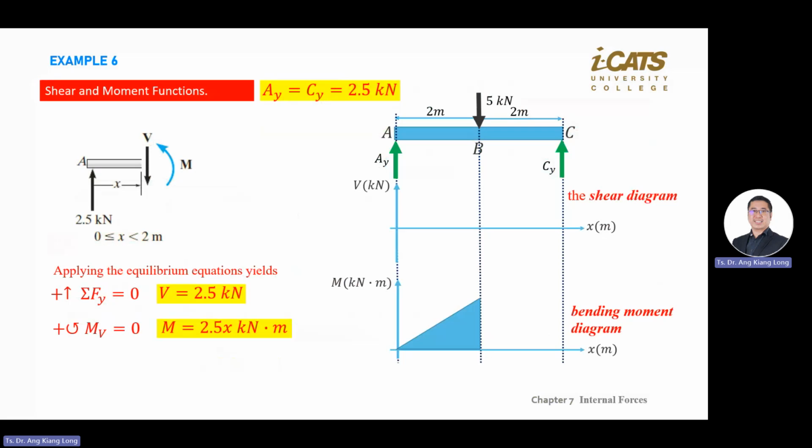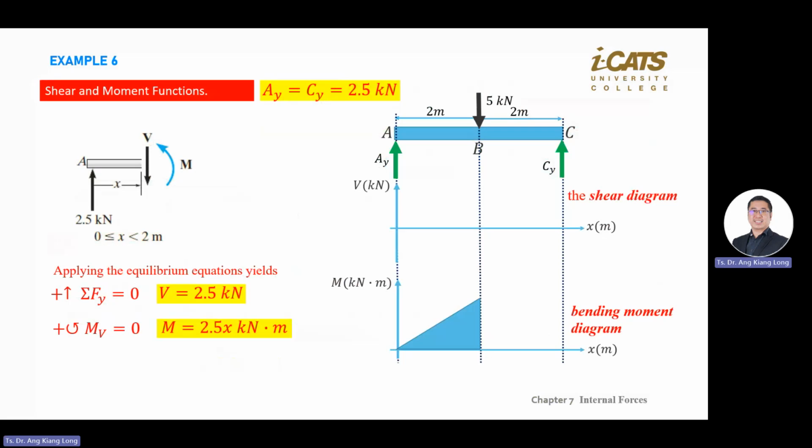Because we want to draw V versus X. V is in the Y direction, so we only need to use all the forces in Y equals 0. We don't need the force in X, unless the question asks you to find internal forces. Why do we put a V? Because we want to eliminate the many unknowns here.